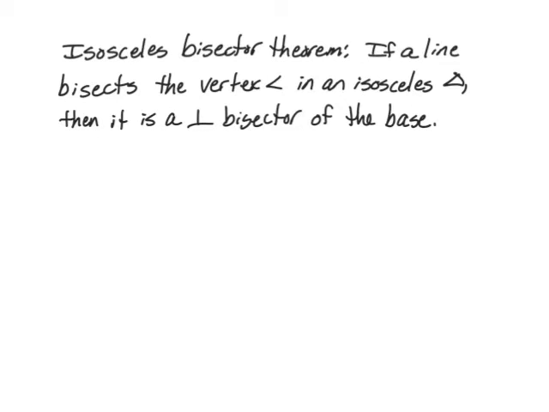Okay, the next theorem we have is called the isosceles bisector theorem. And it says, if a line bisects the vertex angle in an isosceles triangle, then it is a perpendicular bisector of the base. So let's draw that. So here's my isosceles triangle.